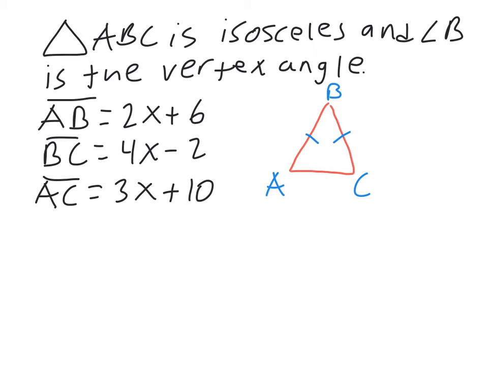So we know that AB is 2x plus 6. BC is 4x minus 2.